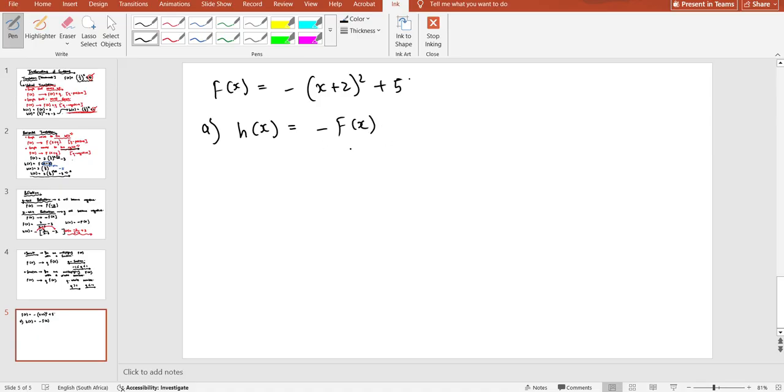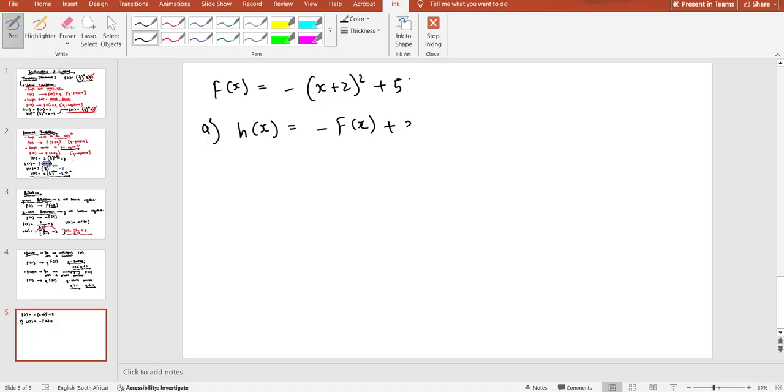Again, at this point, you should be able to see that I'm timesing the whole f of x by a negative. That means I am changing the y to be negative. And once I'm changing the y to be negative, that's an x-axis reflection. Just by looking at that guy, I can see that's already an x-axis reflection.